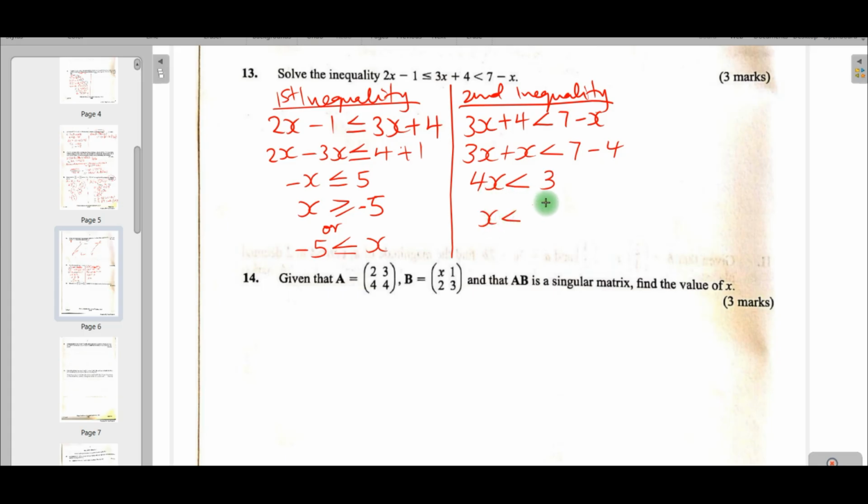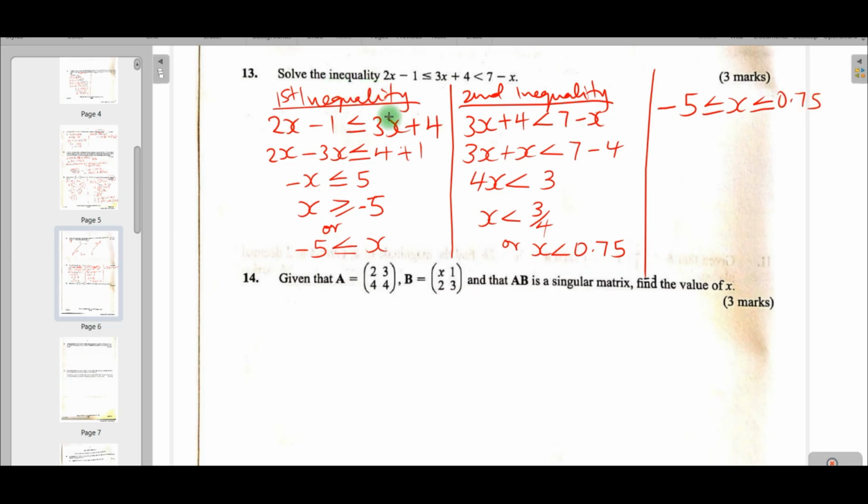We have x is less than 3/4, or could be x is less than 0.75.